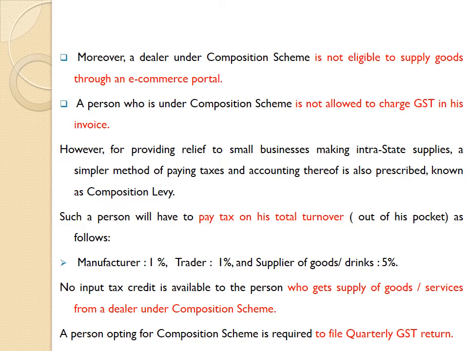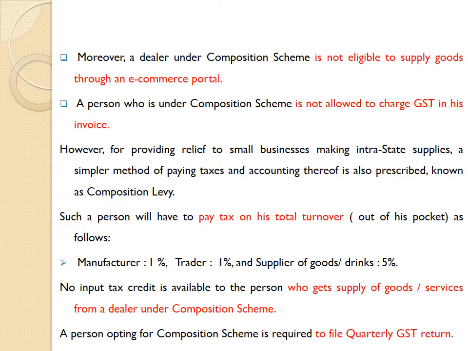Such a person will have to pay tax on his turnover out of his own pocket as follows. For manufacturers, 1% of the total turnover. For traders, 1% of the total turnover, and for suppliers of goods and drinks, 5%.